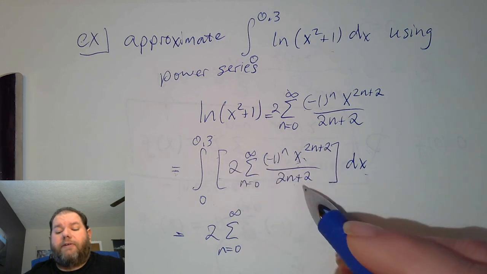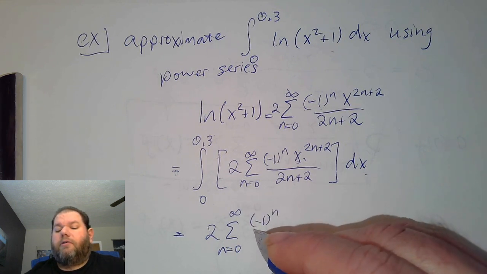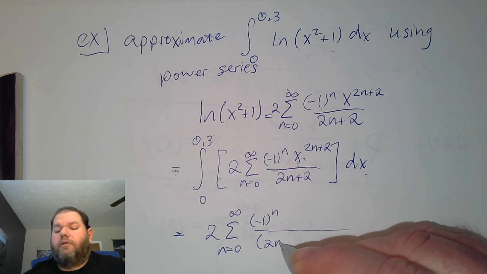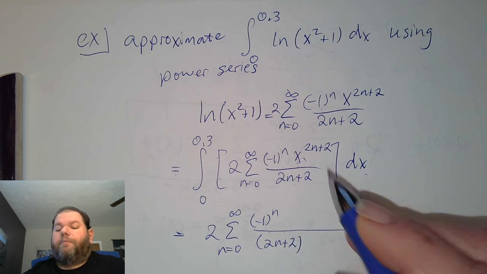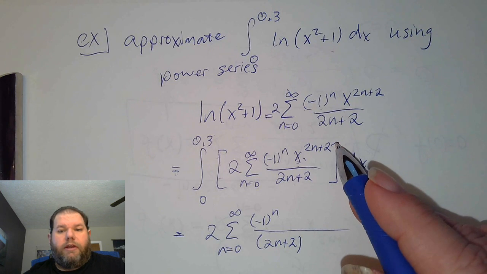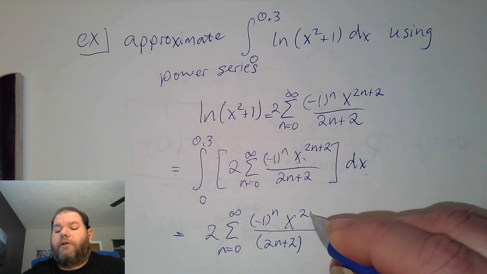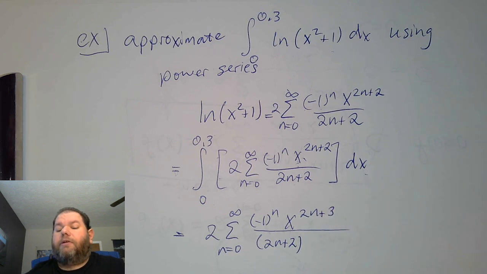Everything else stays the same. Now, x, we use the power rule to integrate, so we'll add 1 to the exponent. This will be 2n plus 3. And we divide by that exponent, 2n plus 3.